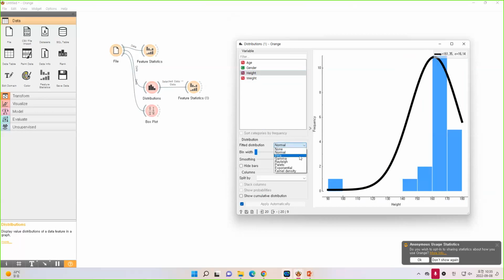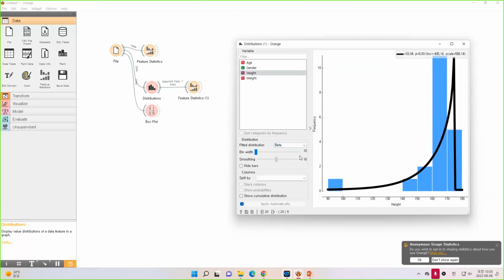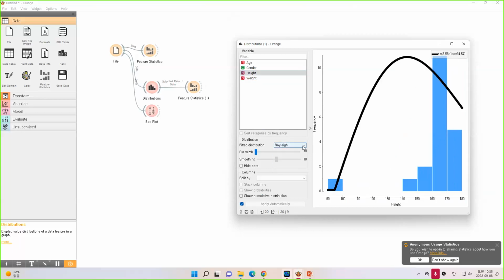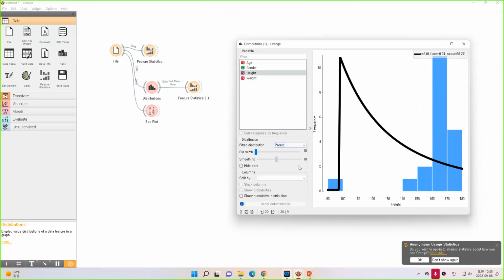Actually, you can also look at other distributions like the beta distribution, or gamma distribution. They can plot and they can give you these numbers.